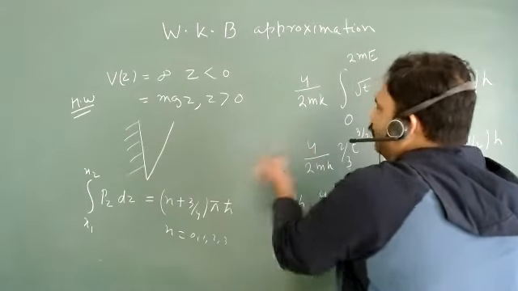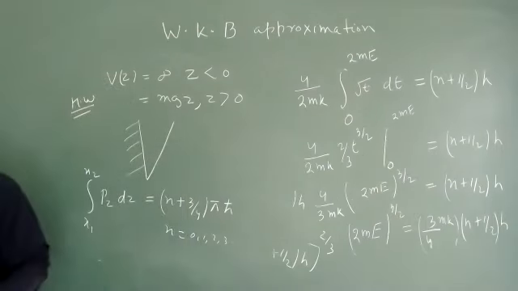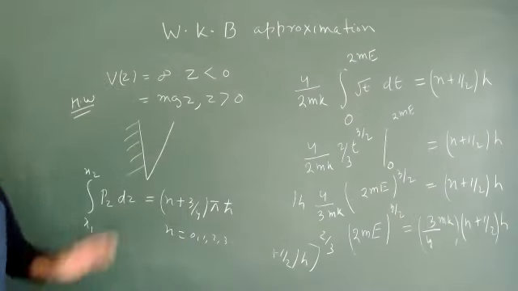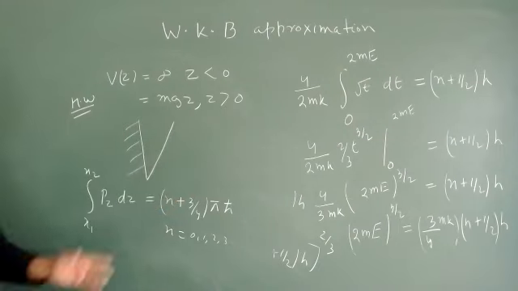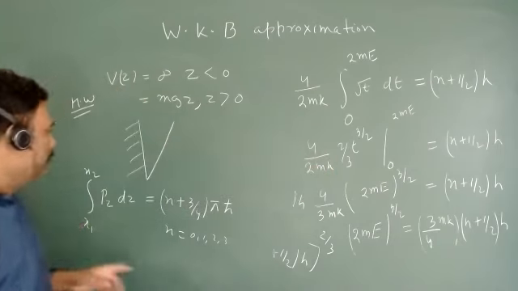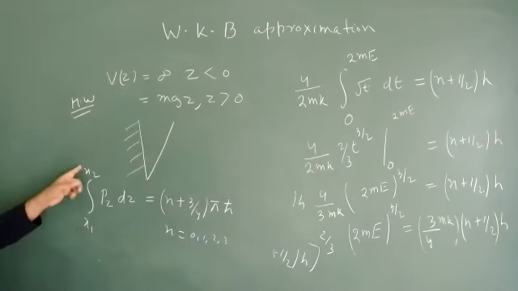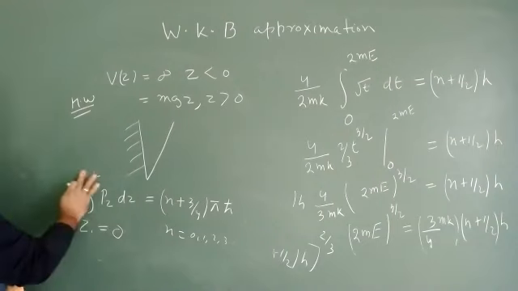Irrespective of 4, you have to just multiply with 2, isn't it? Because you are in only one region, there is no need to use 4 or anything. You have to just go between x1 to x2. What is the value of x1? 0. And, sorry, make it z1 to z2. What is the value of z1?